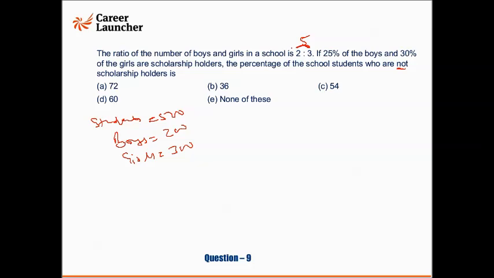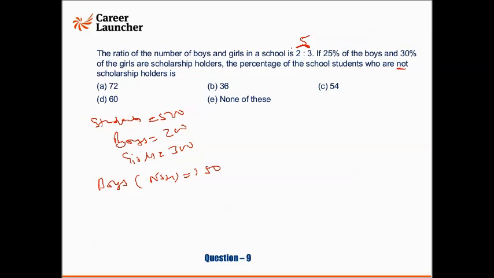Correct. 25% of the boys are scholarship holders. That is 1/4 of this 200. That is 50. But we have to calculate the percentage who are not scholarship holders. That is 75%. That is boys who are not scholarship holders. That will be 150. And 30% of the girls are scholarship holders.